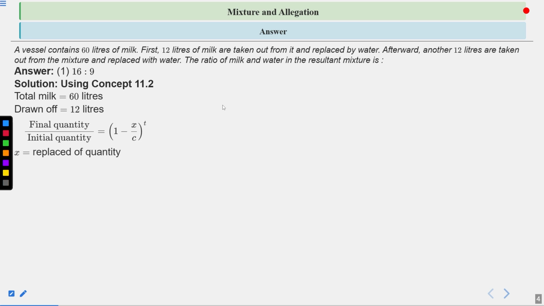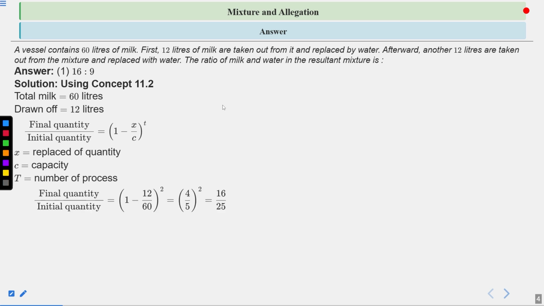Here x is the quantity replaced, C represents the capacity of the container, and t represents the number of processes. So final quantity upon initial quantity becomes (1 minus 12 upon 60) whole squared, because it happened two times. So it becomes (4 by 5) whole squared, which equals 16 upon 25.